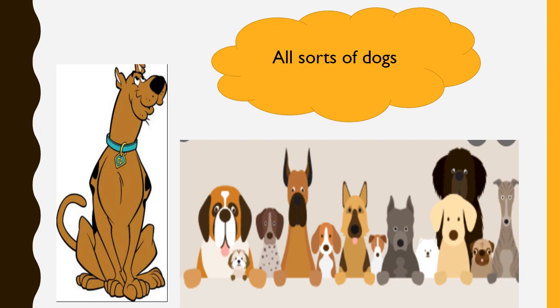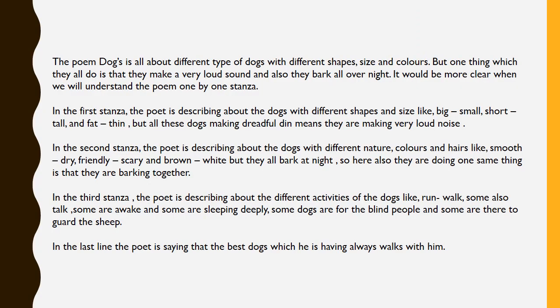Children, in this poem, we will read all sorts of dogs. Children, the poem Dogs is all about different types of dogs with different shapes, sizes and colors.